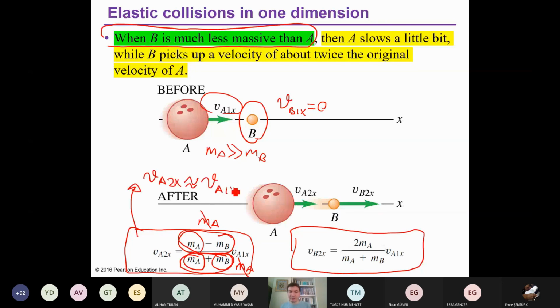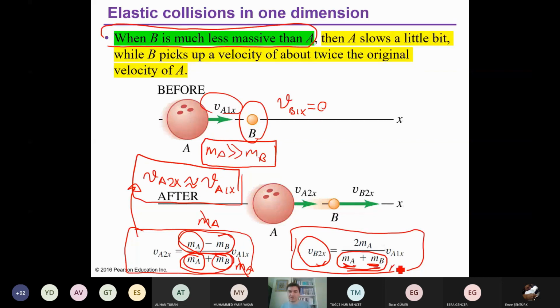And what about the final velocity of the B ball? Just put here again this assumption, MA is much bigger than MB. Then here I have MA, and since MA is much bigger than MB, I can just write roughly MA.